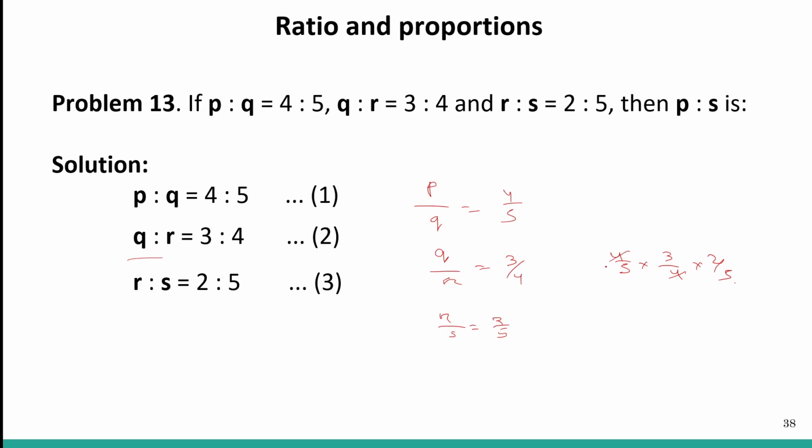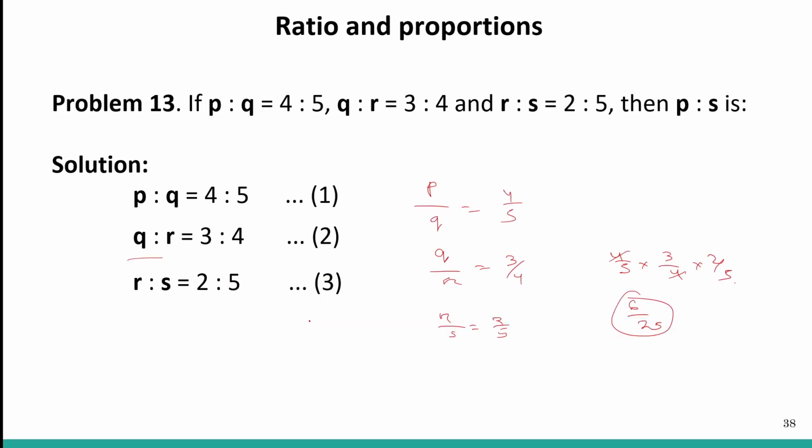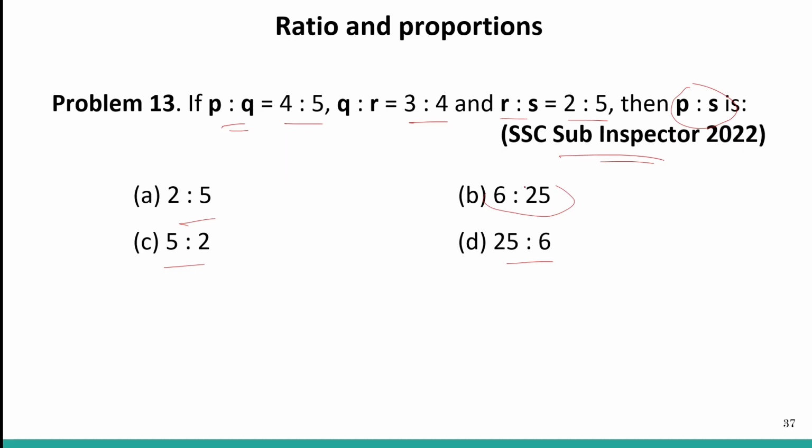So 4 cancels out. So 6 by 25, right? So 6 by 25 is the correct answer. If we go like this, we'll also arrive at this answer. So 6 is to 25 is the correct option. These are all wrong options.